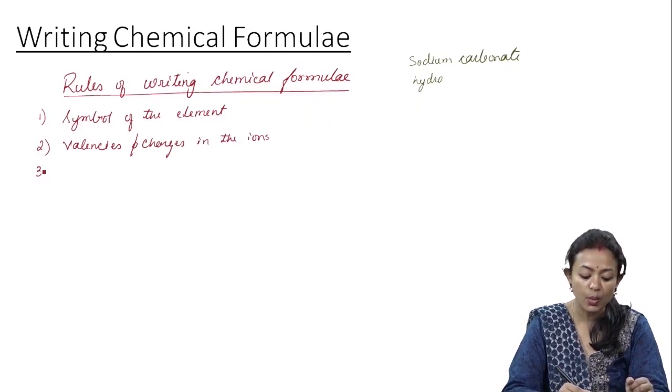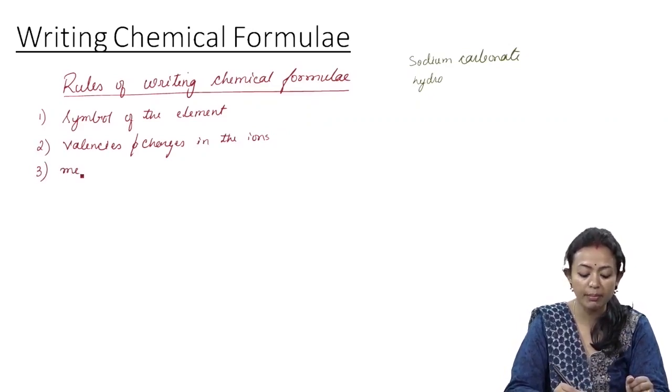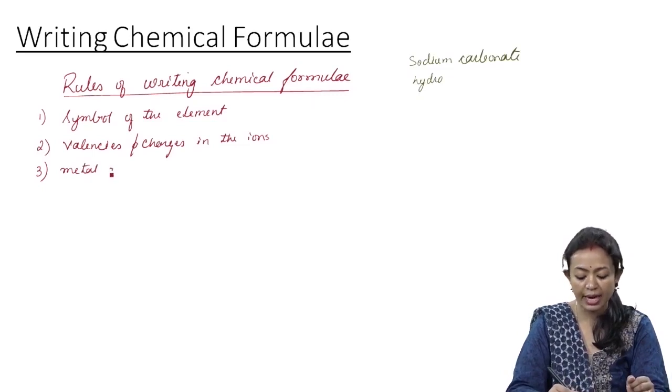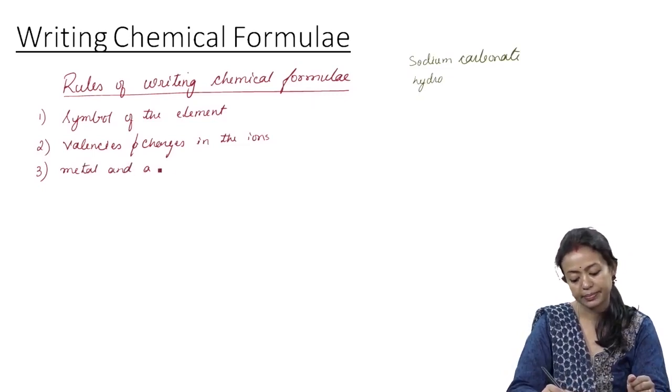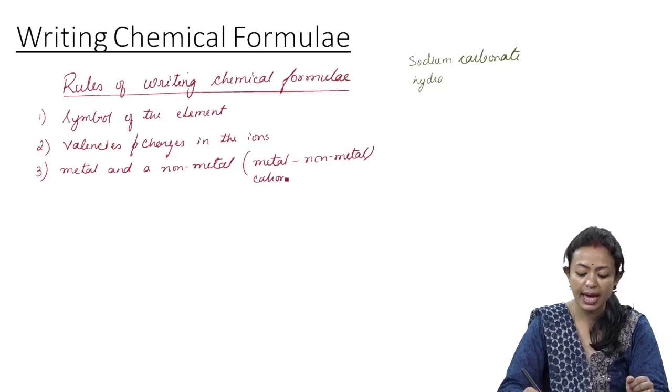The third rule is, whenever we are writing any chemical formula between a metal and a non-metal, we always write down the symbol of the metal first and then of the non-metal. That is, we name the cation first and then the anion.